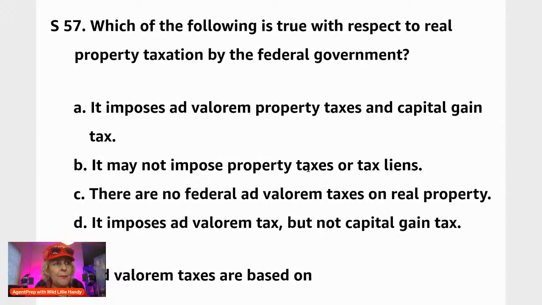B, it may not impose property taxes or tax liens. C, there are no federal ad valorem taxes on real property. Or D, it imposes ad valorem tax, but not capital gain tax. This is a challenging question, it could be tricky. So those are the property taxes by the federal government.